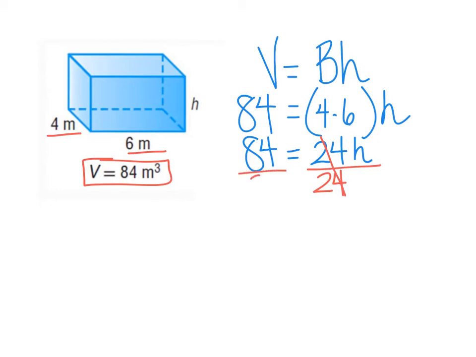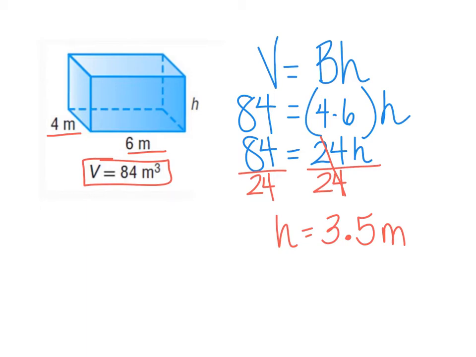To keep my equation balanced, I have to divide by 24 on the other side. When I do 84 divided by 24, I end up with H equals 3.5, or 3.5 meters in this case.